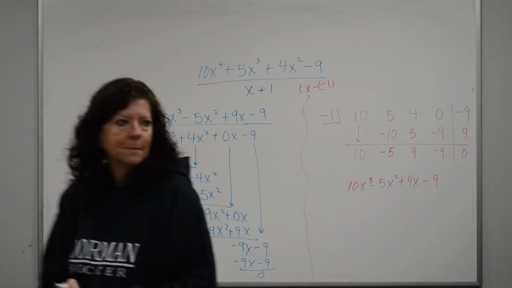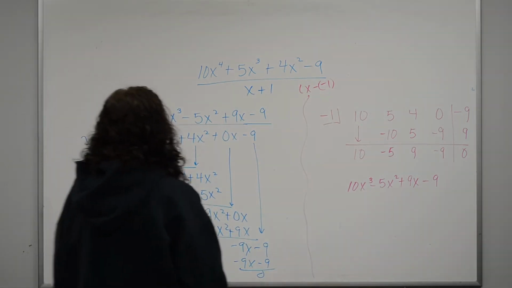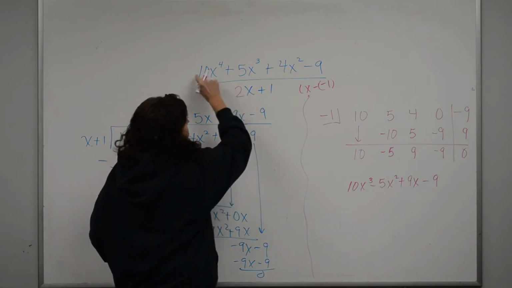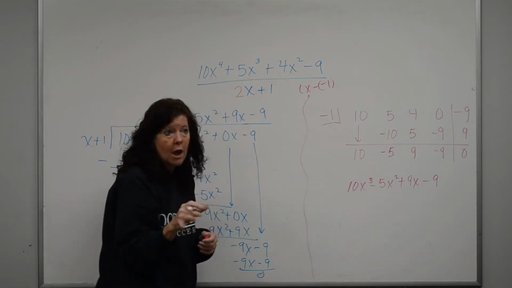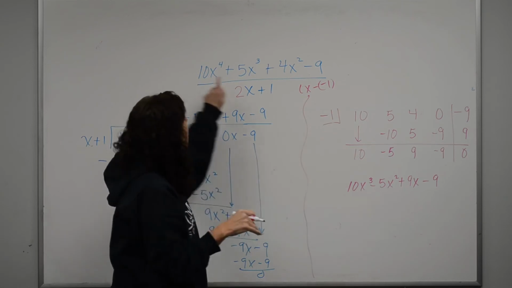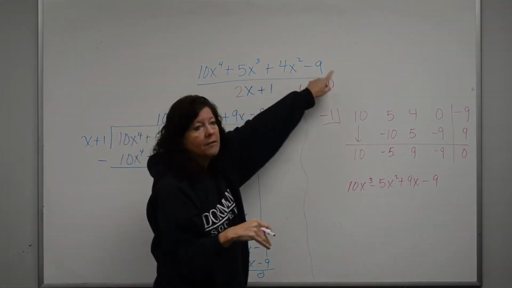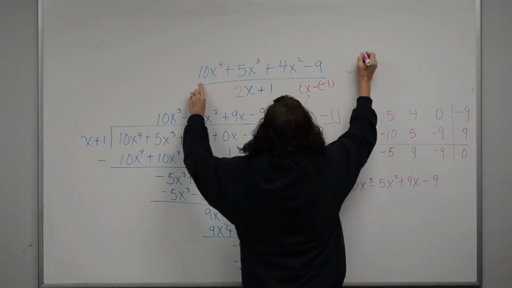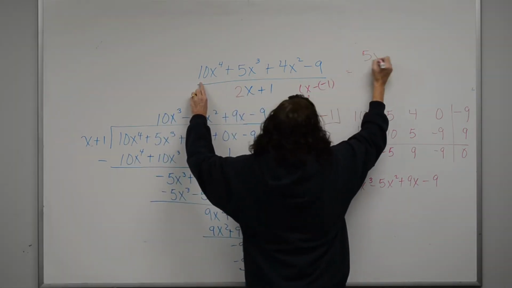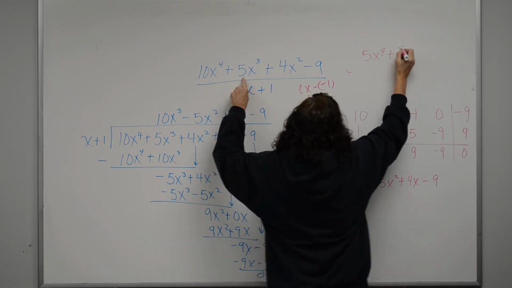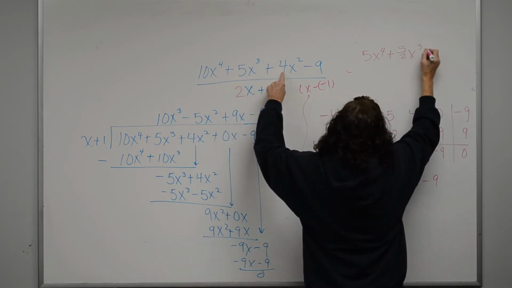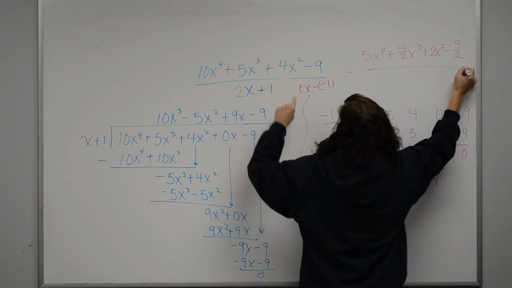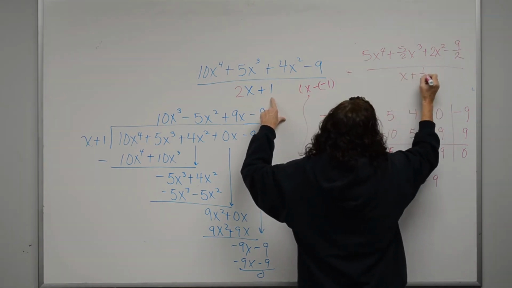Well, if there's a 2 in front of the x, if I had to do synthetic division on it, I would divide everything I have by the 2. Okay? So this would become 5x to the 4th plus 5 over 2 x cubed plus 2x squared minus 9 over 2 x plus 1/2.